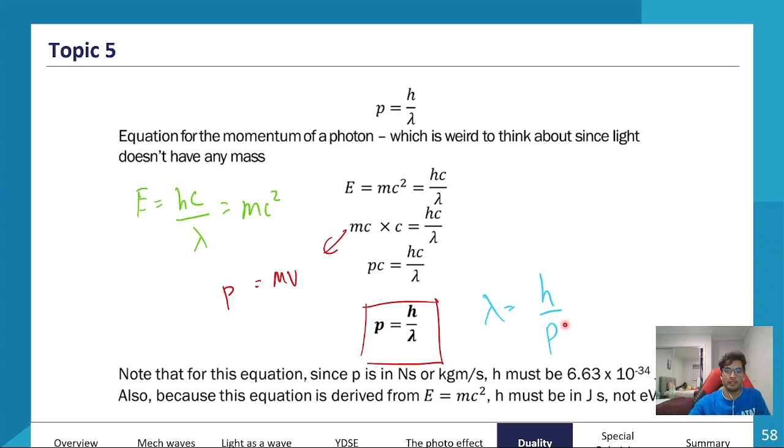And the thing is, everything has momentum. This pen in my hand has momentum because it has a mass and a velocity. So h divided by the momentum of this pen is going to give me the wavelength. What we just showed is that things with mass, or everyday objects, actually have a wavelength.